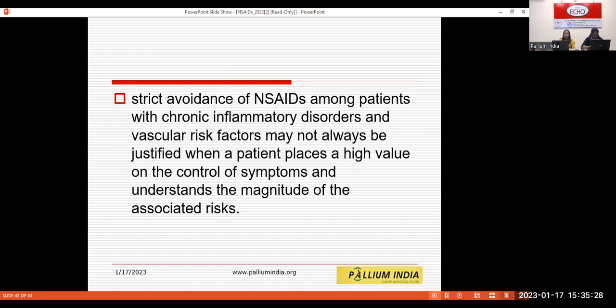And sometimes in our patients, we use a lot of NSAIDs, even though it has all these issues, because they respond very well, especially the bone pains respond really well. So even though this has side effects, I'm not telling not to use it. Many a times we have to use these drugs to control pain, but we have to understand and ask whether they are tolerating, whether it is going to be helpful.